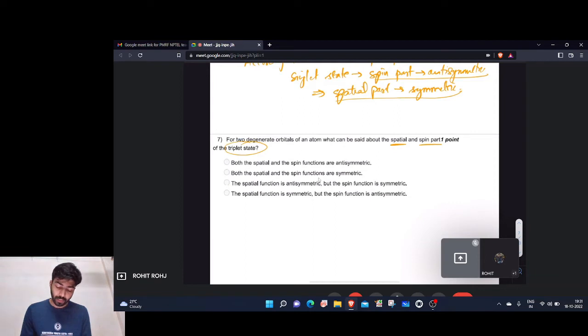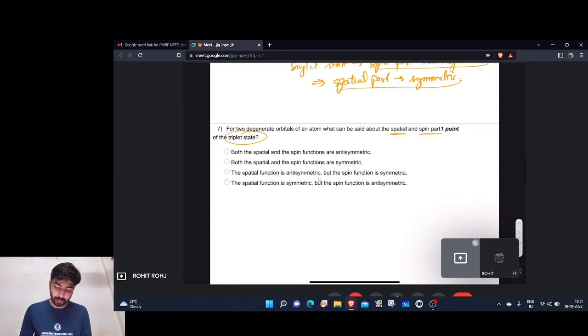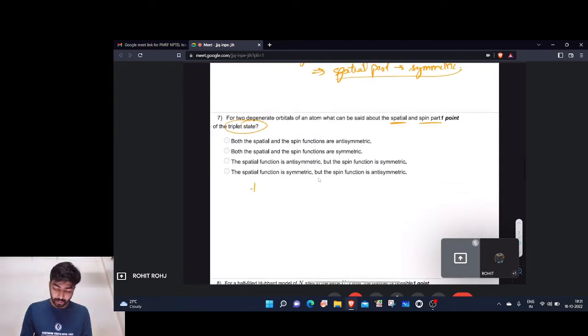Now the next question is the opposite: what can be said about the spatial part and the spin part for a triplet state. For a triplet state one has the same spin present in the system. So the spin function has to be symmetric, and therefore the spatial function becomes antisymmetric in nature to preserve the Pauli exclusion principle.